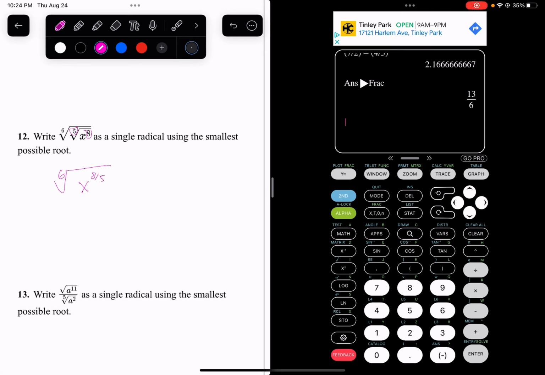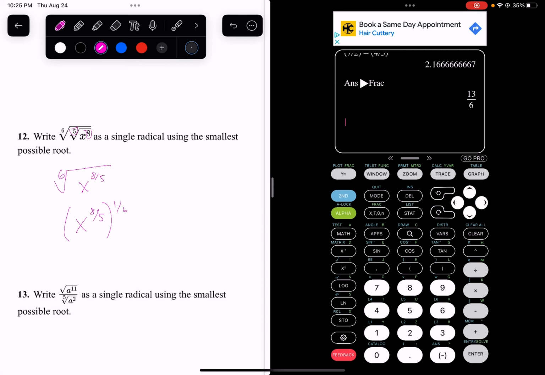Then what we have here is, when you have a 6th root, basically what we're doing is raising it to the power of 1/6. So that is how you would rewrite that 6th root.